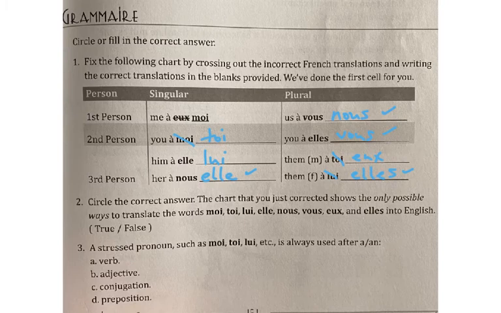Circle the correct answer. The chart that you just corrected shows the only possible ways to translate the words moi, toi, lui, elle, nous, vous, eux, and elle to English. Is that correct? We can only say moi is me. No. It's not correct.